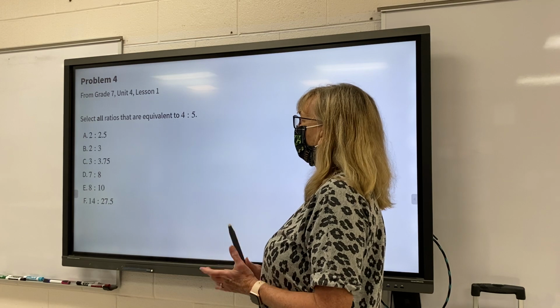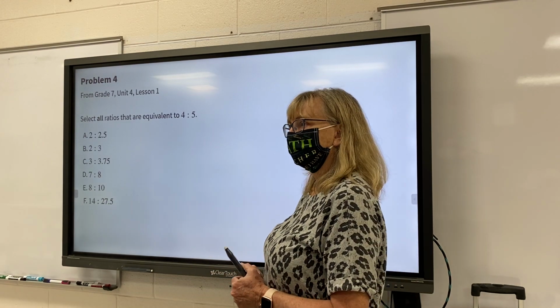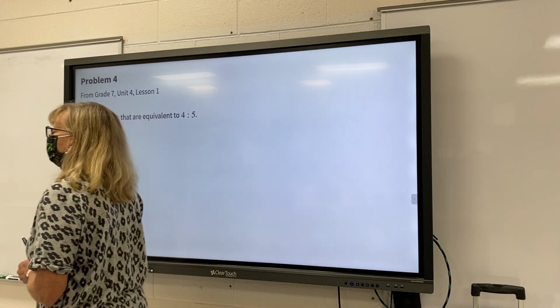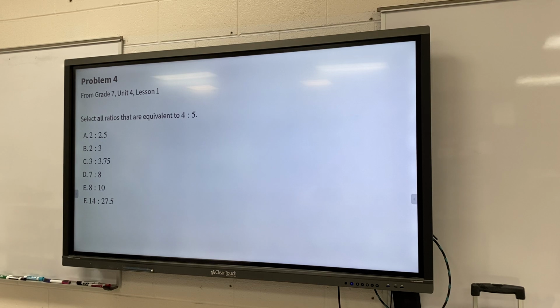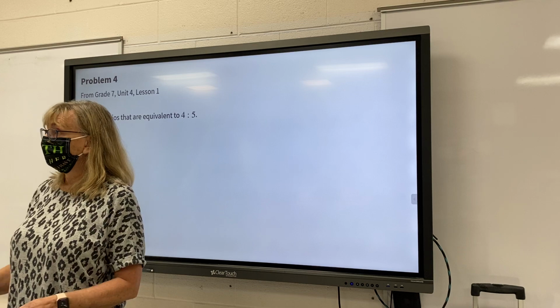Select all the ratios that are equivalent to 4 to 5. Give me a strategy. Times 2. Use something like what Caitlin said. Multiples of. Scale? Yes, scale factor.